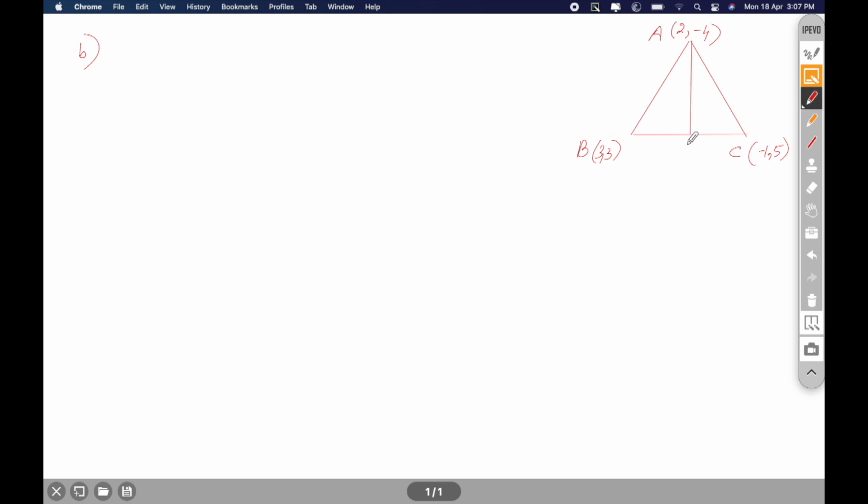So suppose D is the midpoint of BC, then AD is the median through A. So the midpoint of BC is D, that is equal to (3 minus 1)/2, (3 plus 5)/2, giving us 2/2 and 8/2, which is equal to (1, 4).